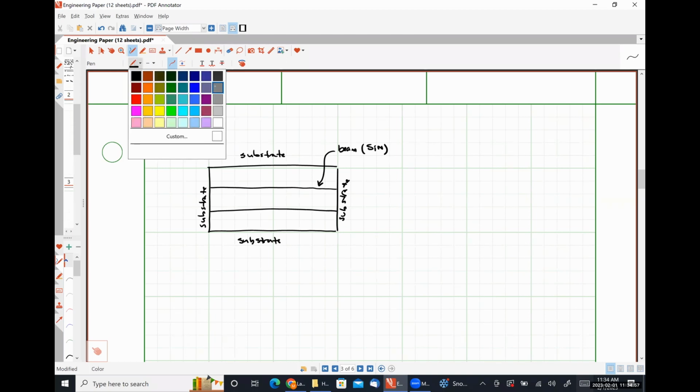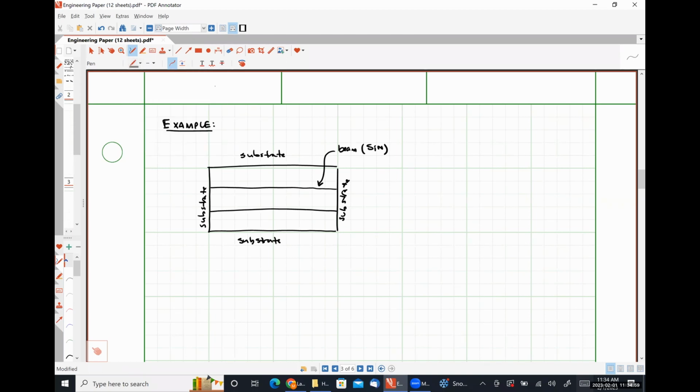Deposited atop our metal leads, like so, which have a length L. And then I'll define the other dimension of this thing in a moment.